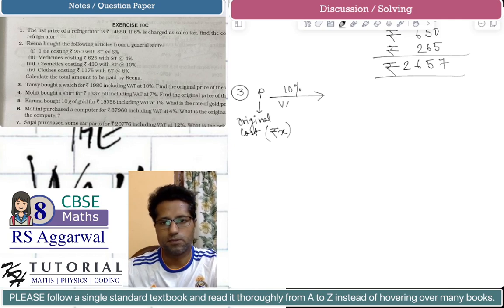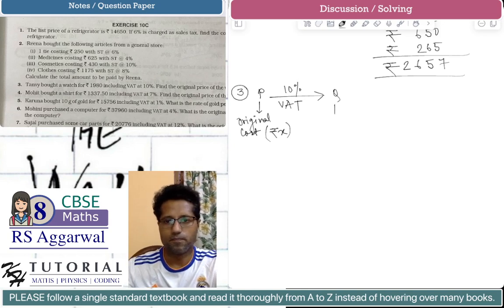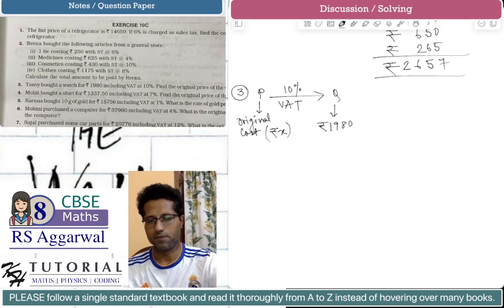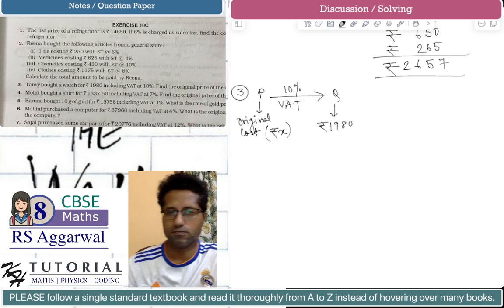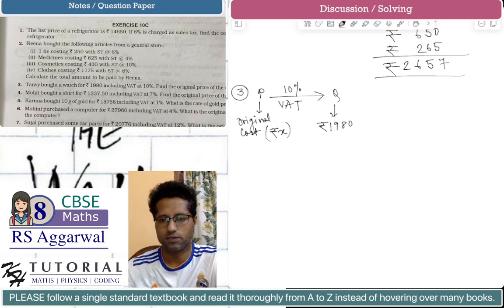So this is the price. The price Q is the price at which Tanvi bought the watch, which is rupees 1980. So the original price P after 10% VAT becomes the purchasing price, which is Q, which is 1980. We have to find X, that is the original cost.